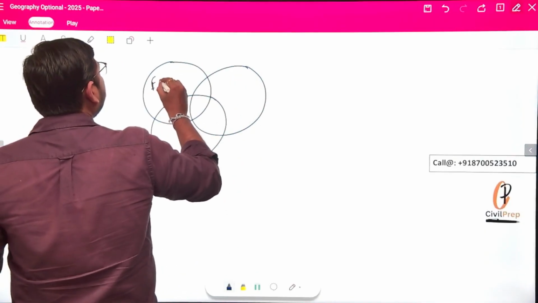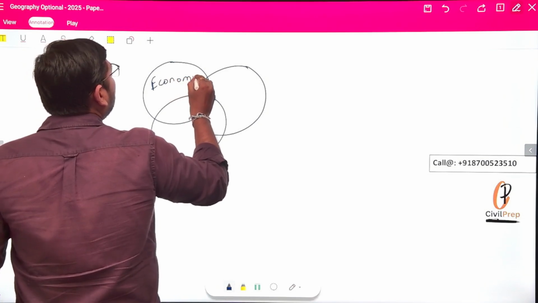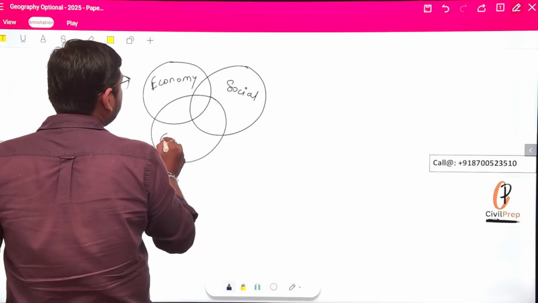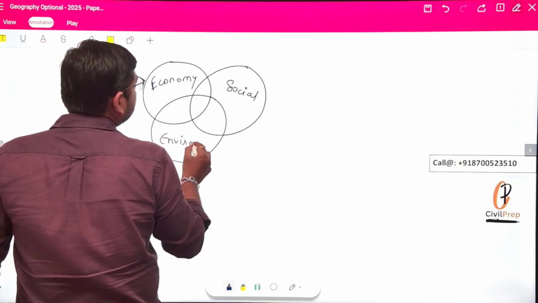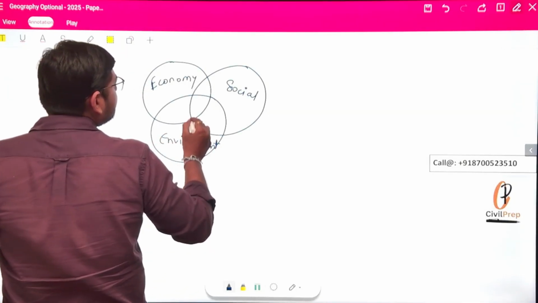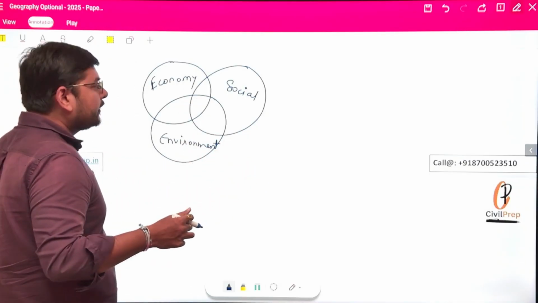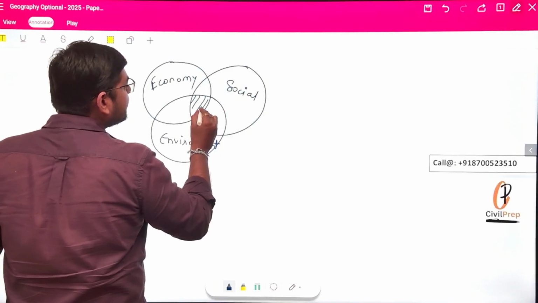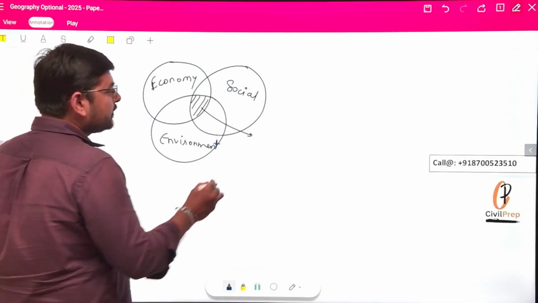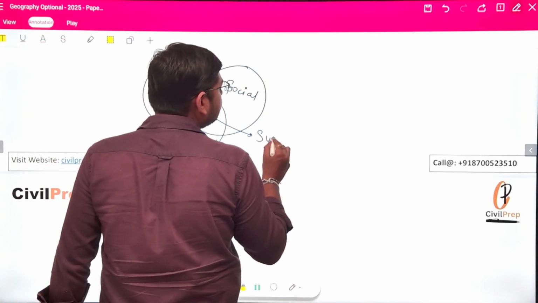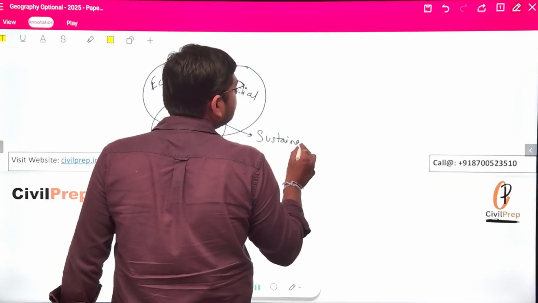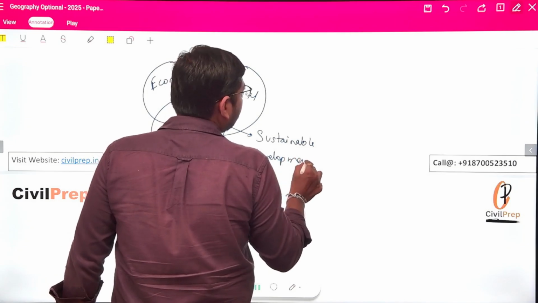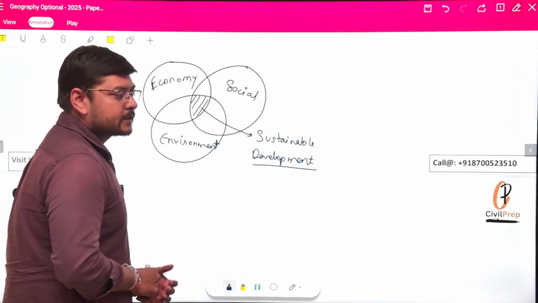One is economic, or economy, second is social, and third is environment. The areas which interact across economy, social, and the environmental aspect become the part of sustainable development. This is an important aspect of sustainable development.